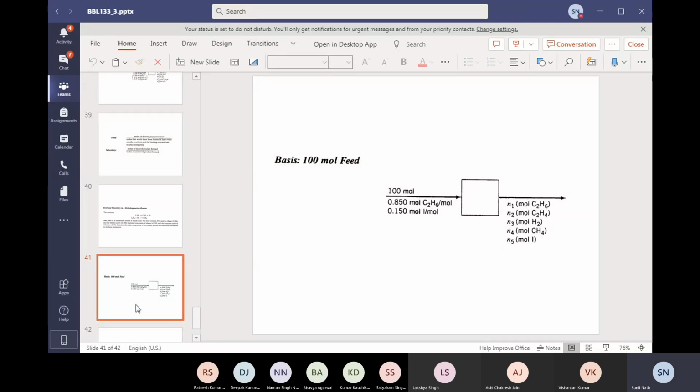So just modify this figure to suit our new problem statement and write down the flue gas analysis.